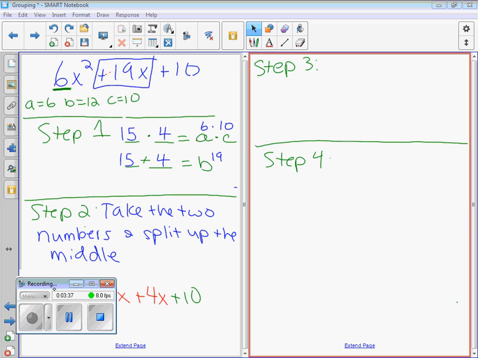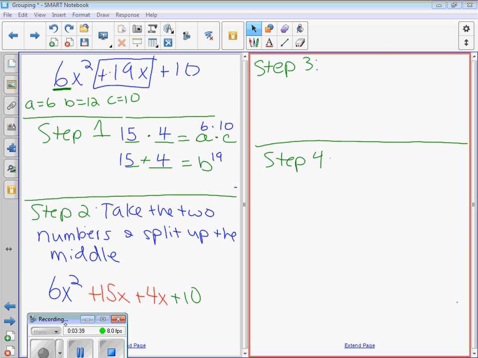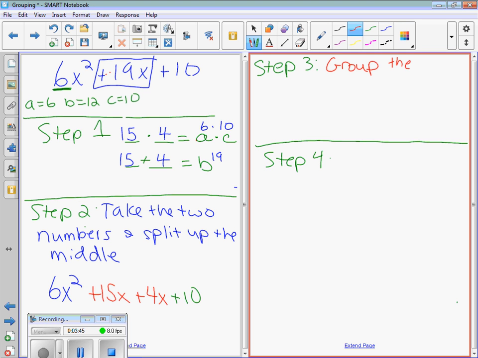Alright, so now that we have our two numbers, we're going to group the first two terms and second two terms using parentheses.